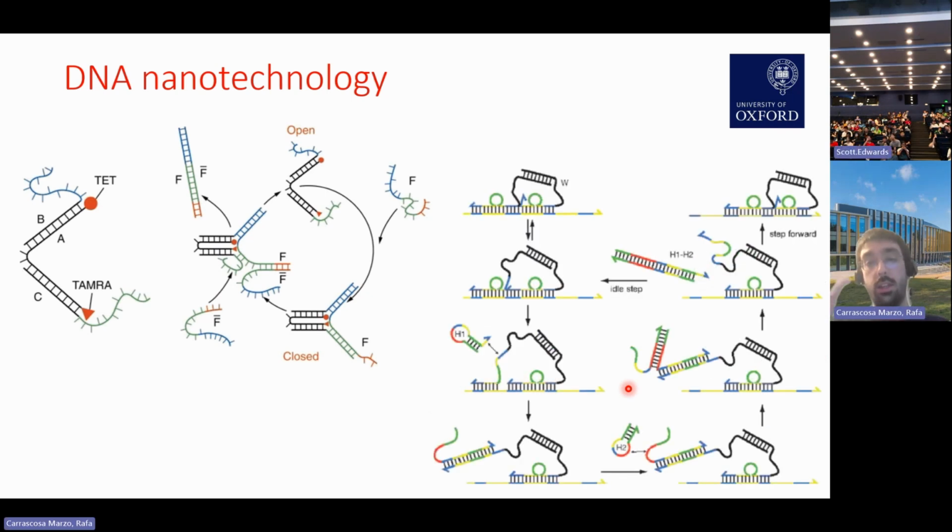And it's not only just having something that switches between two positions, you can also have something that produces some sort of work. In this case, as Scott mentioned earlier, my former supervisor, Professor Andrew Turberfield, and one of his biggest contributions to the field was the production of a DNA walker.